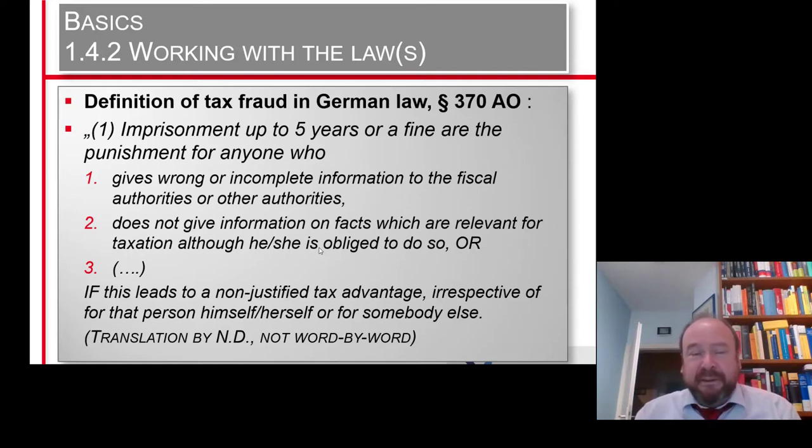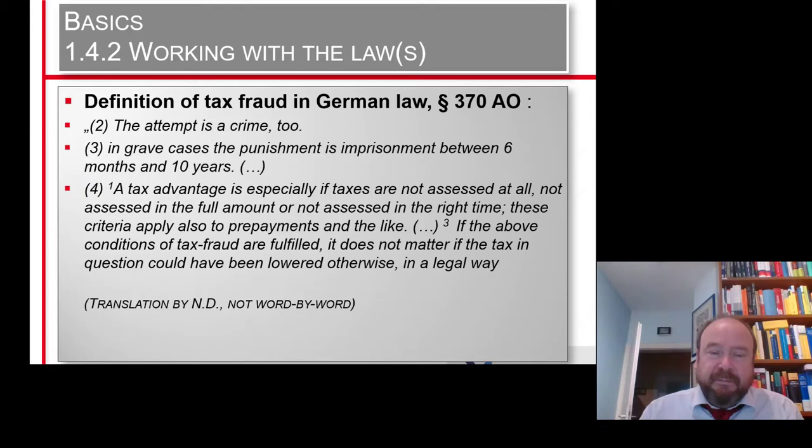An unwritten additional condition is, as with every criminal offense, that you acted on purpose, so with the intention to break the law, or that you did that thing, providing wrong information, intentionally, so that you knew you were lying and that had a tax implication.